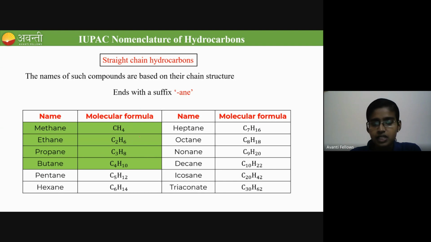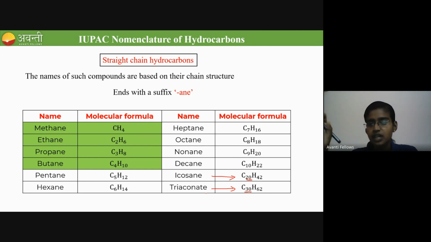Methane, ethane, propane, butane, pentane, hexane, heptane, octane, nonane, decane. And if you're having 20 carbon, it is called as icosane. And if you're having 30 carbon containing alkane, it is called as triacontane. These are the nomenclature for straight chain hydrocarbon.